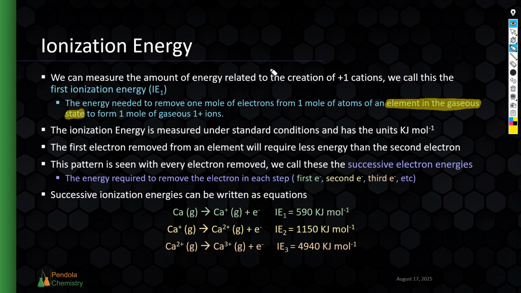Because if I was talking about the first ionization energy and the amount of energy it takes to remove those electrons from a gaseous element, but then you were talking about the first ionization energy and in your mind you had the amount of energy needed to remove 1 mole of electrons from 1 mole of atoms in the liquid state, then we would be using the same words but talking about a different number in kilojoules, which is down here, which we'll talk about in a second.